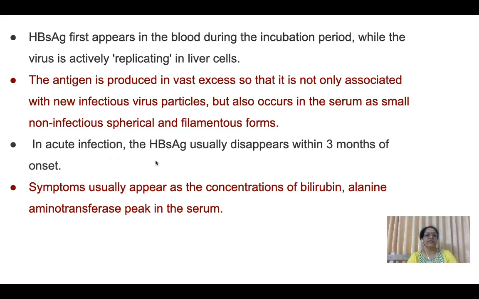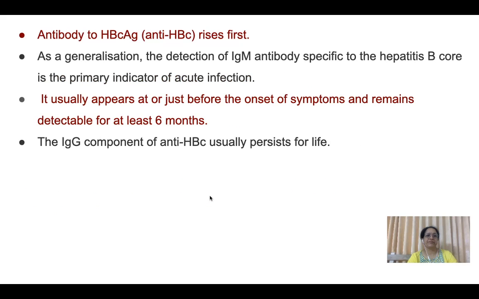In acute infection, the HBs antigen usually disappears within 3 months of onset. This is because of an increase in the level of antibodies, which are neutralizing antibodies in the patient's blood. Symptoms usually appear as the concentration of bilirubin and then ALT, that is alanine aminotransferase, peak in the serum. Antibody to HBc, that is anti-HBc, also rises first.